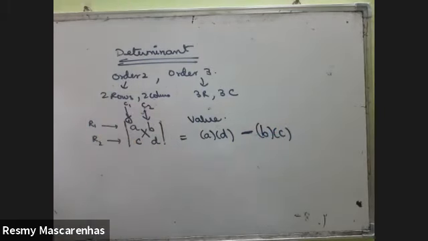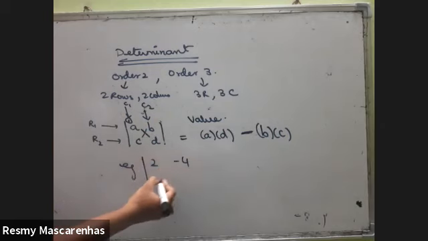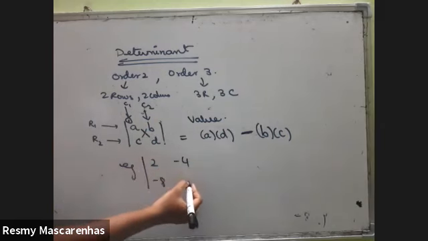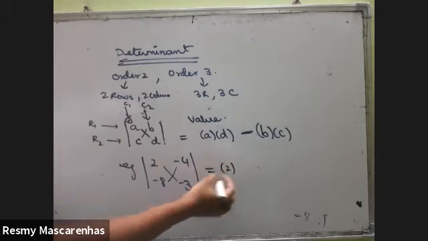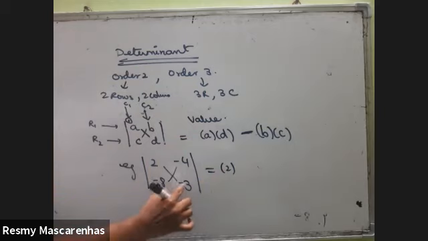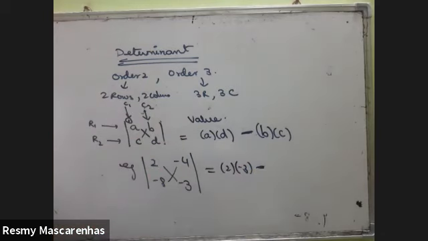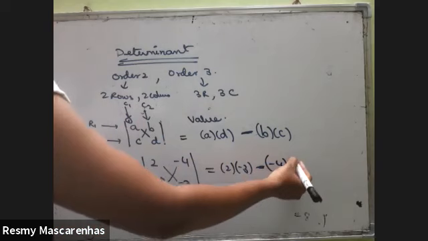So example, I want to solve the value of this determinant. As per that rule, I just have to cross multiply. Follow the rule. So this will be 2, take whatever sign is there, 2 into minus 3. Middle sign is minus. Then minus 4 into minus 6.